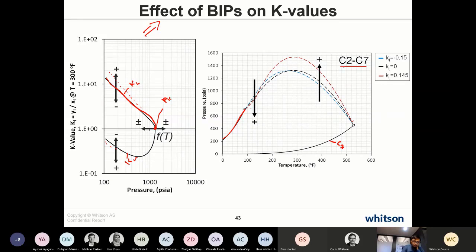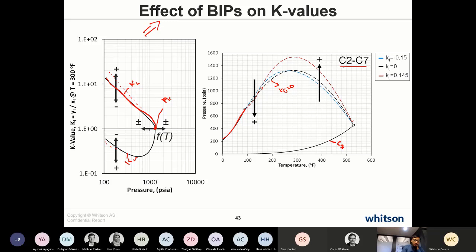And then in between, if we take this black dotted line, this is with Kij equals 0. If you don't have any binary interaction parameters, this curve shows, for different mixtures of C2 and C7, what the critical points of those mixtures look like.